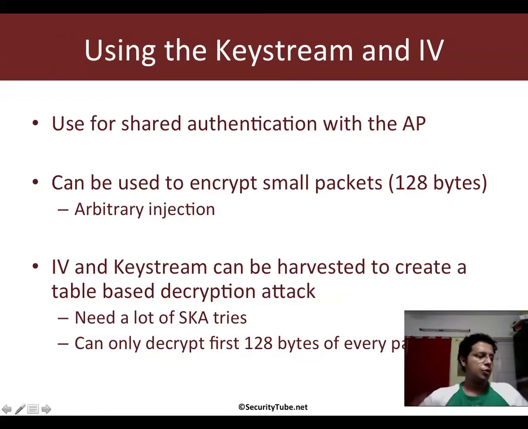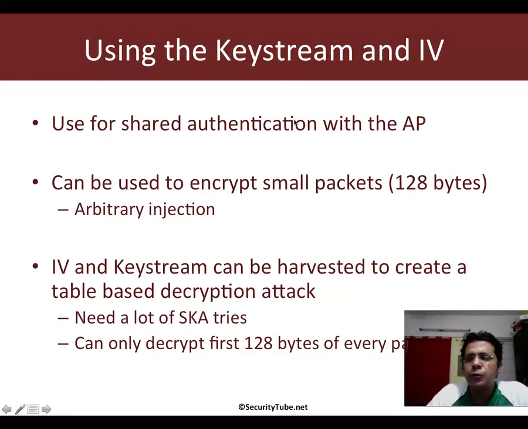Right? So now here comes the question, how else can we use the key stream and the initialization vector we just derived? Now the first use, as you already saw, is to break shared key authentication.